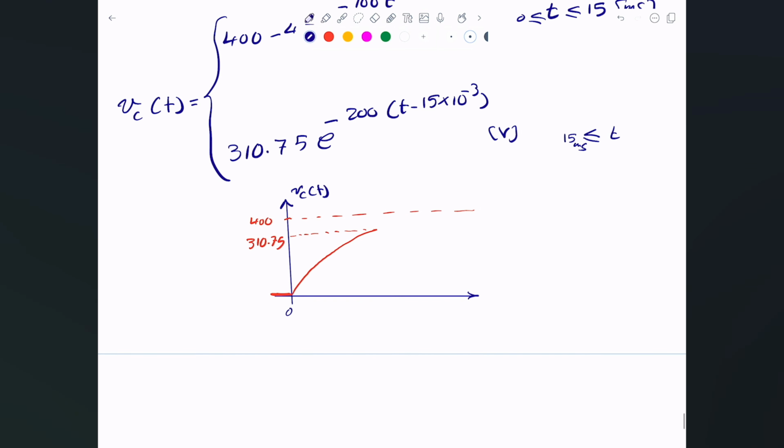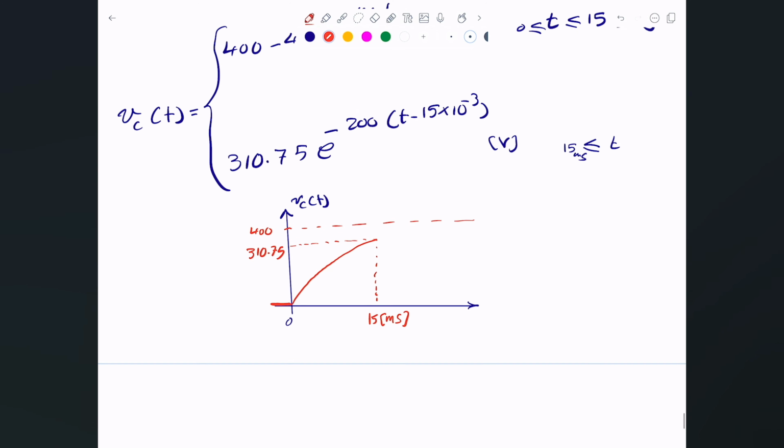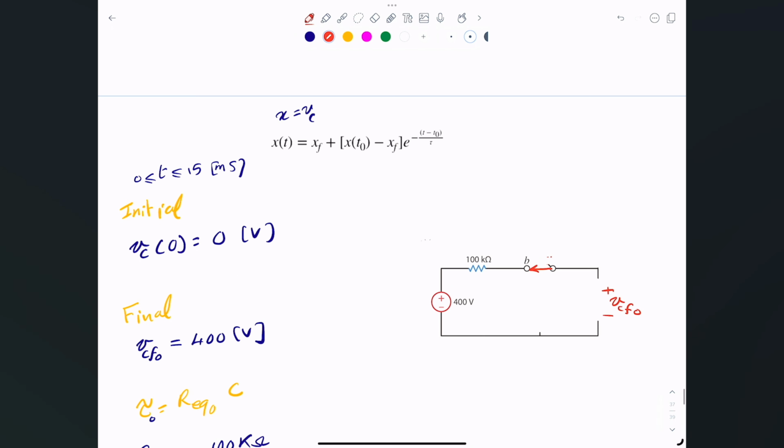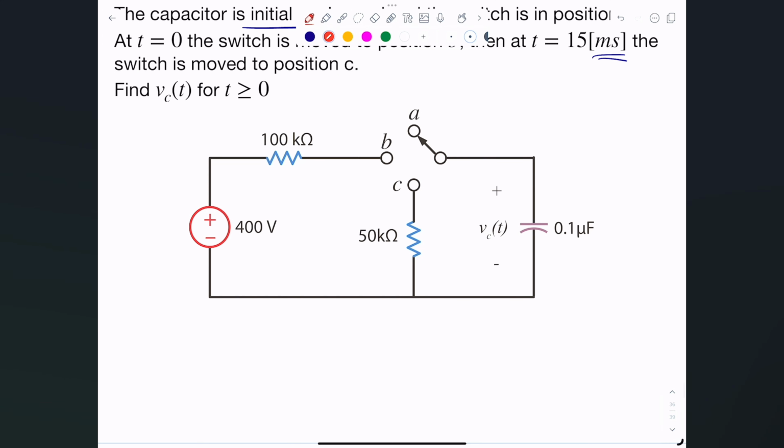At that particular moment, we have the second switch in here, at exactly 15 milliseconds, and we switch to a different case. Remember, we were initially going from A to B, trying to reach the 400.